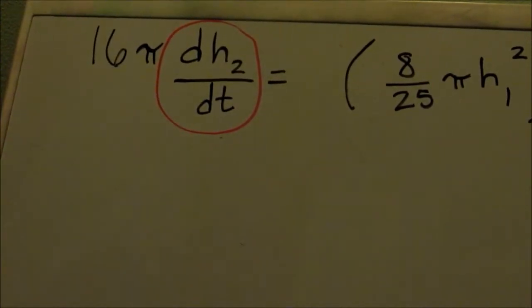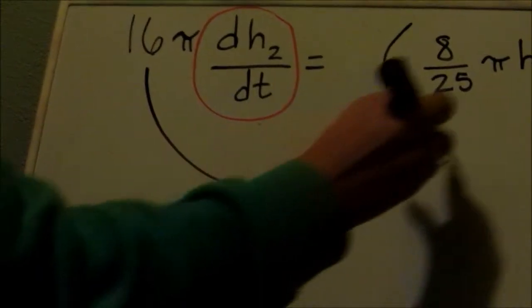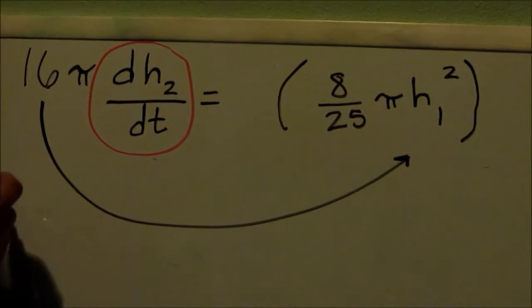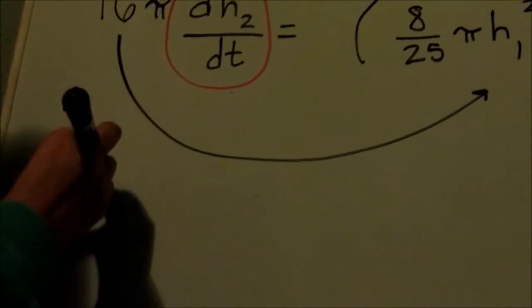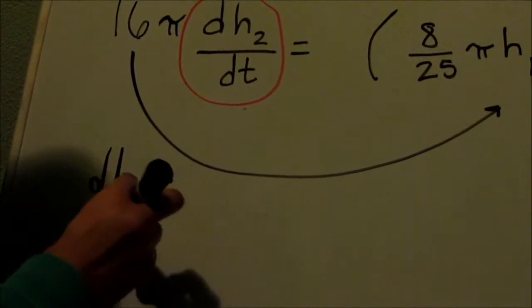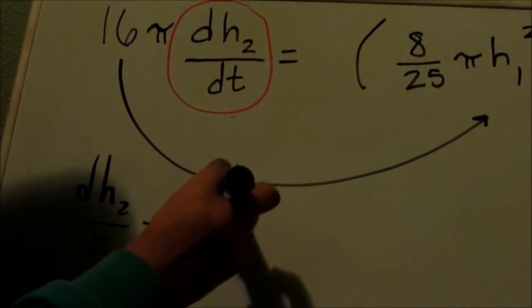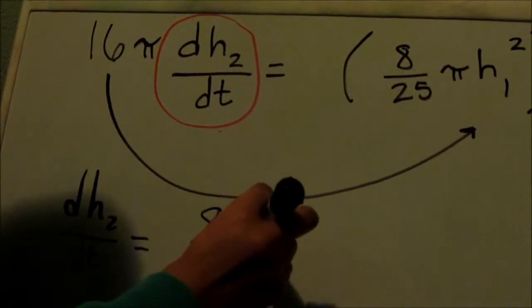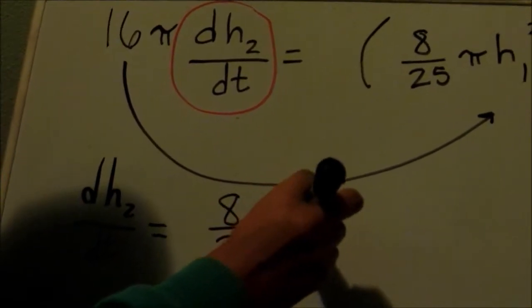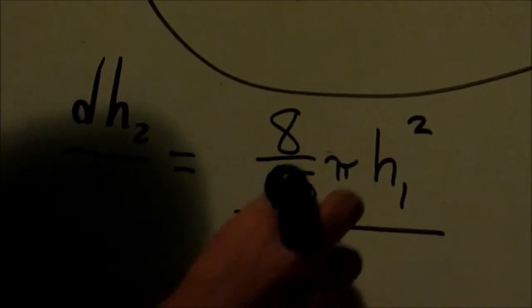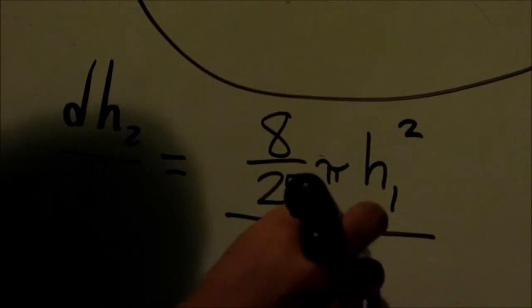To do that, we will divide 16 pi on both sides and get the derivative of H sub 2 with respect to t equals 8/25 pi H sub 1 squared over 16 pi.